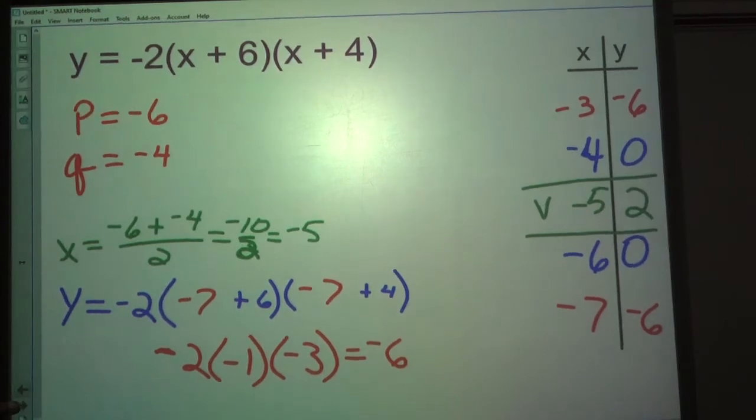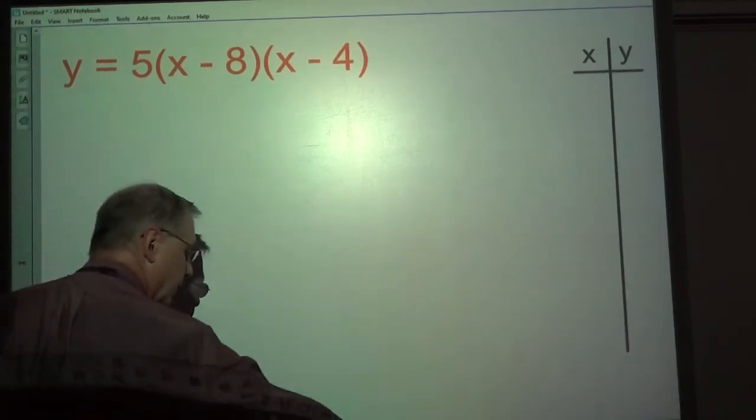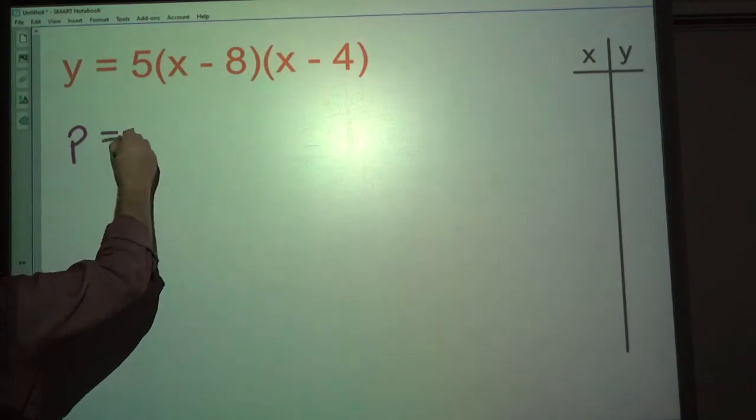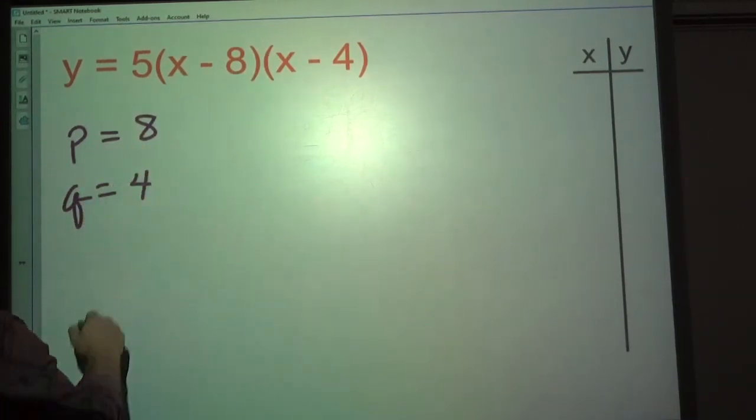Last but not least, try to find both the x and the y values for the vertex here, and then try to find a couple other points. I'll let you pause the video and do that, and then when you come back, we will do it out together. P is going to have to be 8, and Q is 4.